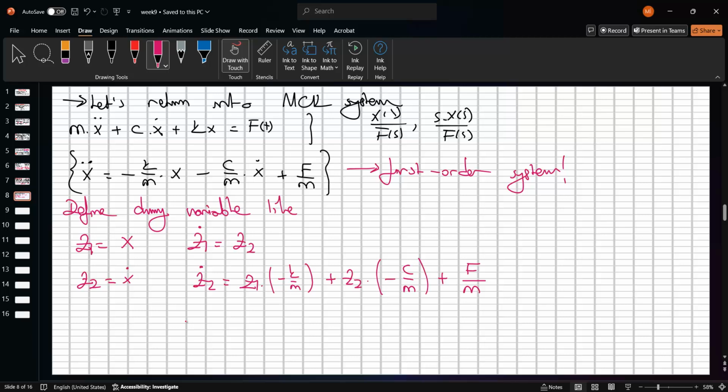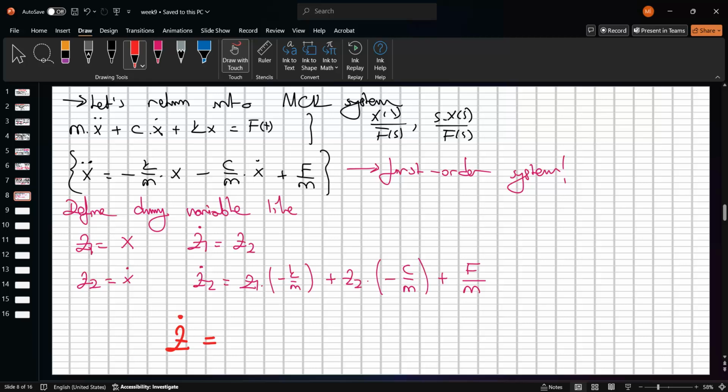This is the form. And so how can we generalize this equation in the first order form? See, we have the dummy variable z here, and these two terms are first order, right? And so z is equal to what?